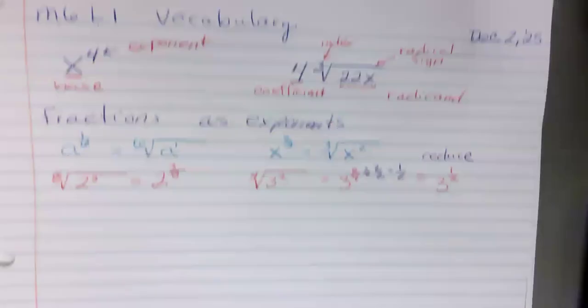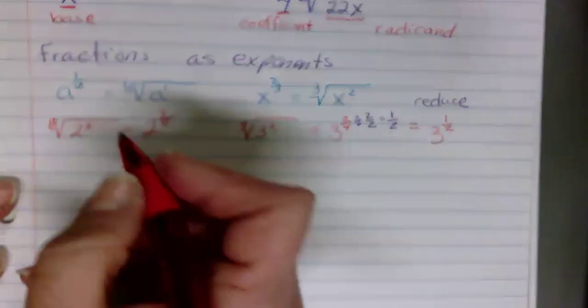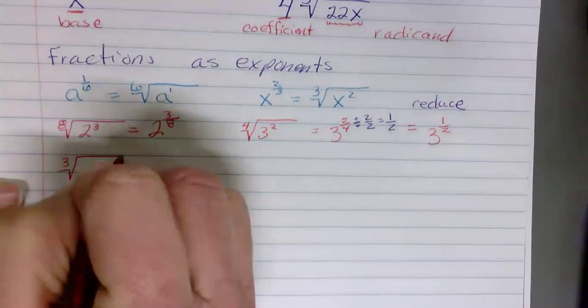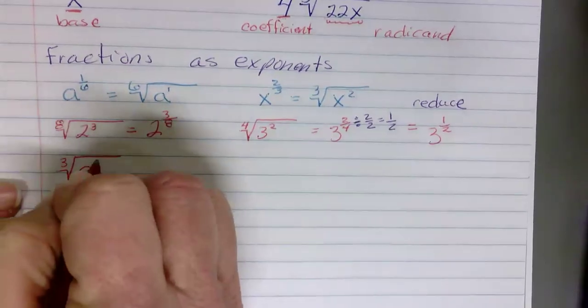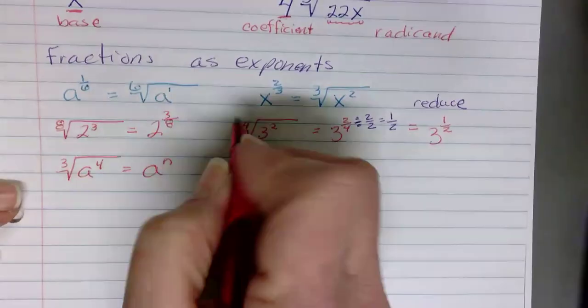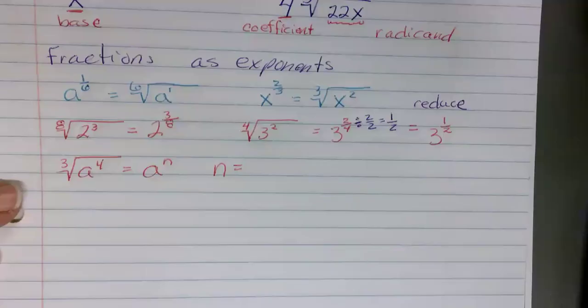Now, one way they might mess you up a little bit is that they're going to say, if you have the cube root of a to the 4th power, well, that's going to be a to the n. And they'll say, find n, tell me what n equals.